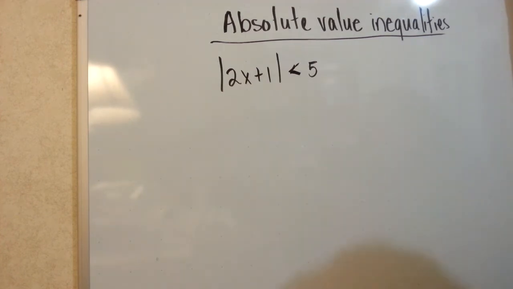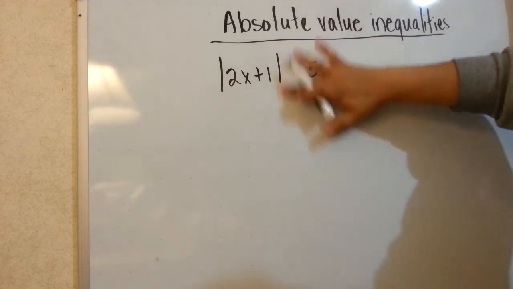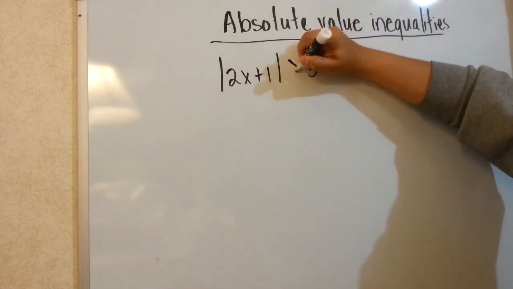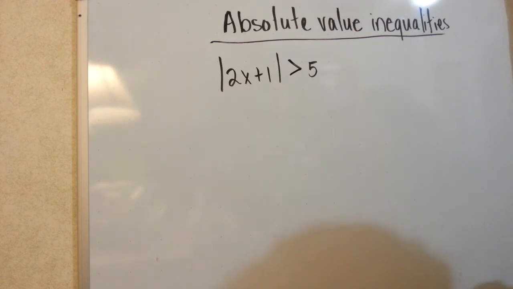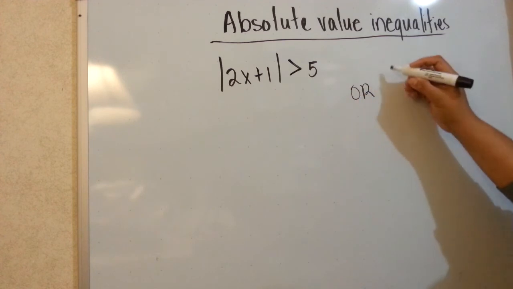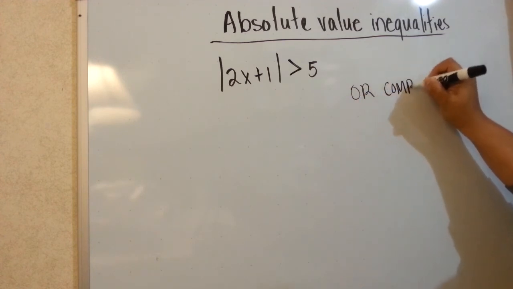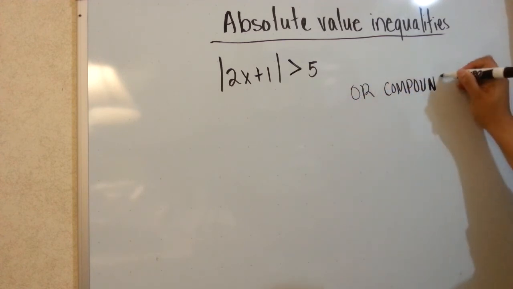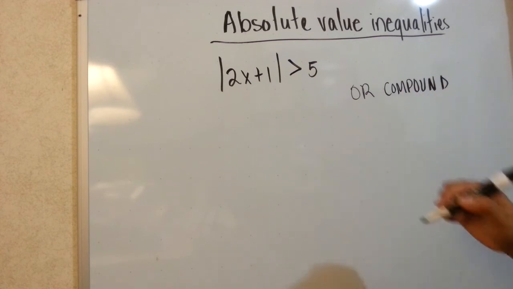Now what if we have the exact same problem, but instead of less than, we make it greater than? Now this is an absolute value problem, but it's greater than, which means this becomes an "or" compound inequality. So you have to write two separate ones.